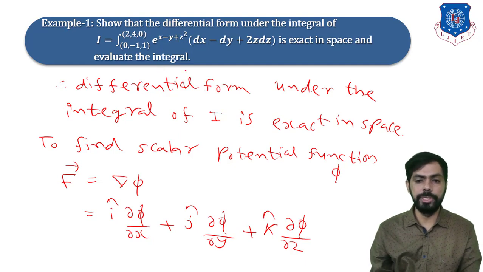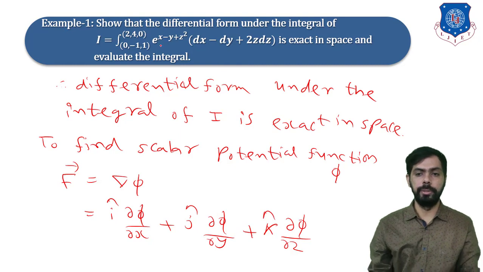Same way if we compare the jth component, then here the jth component is del phi by del y, and here the jth component is minus e raised to x minus y plus z square. Same way if we compare the kth component, then here the kth component is del phi by del z, and here the kth component is 2z e raised to x minus y plus z square.